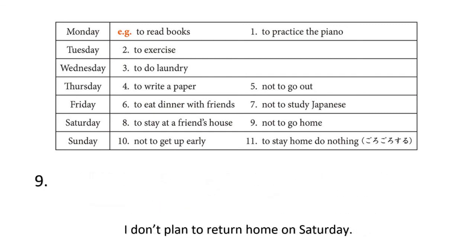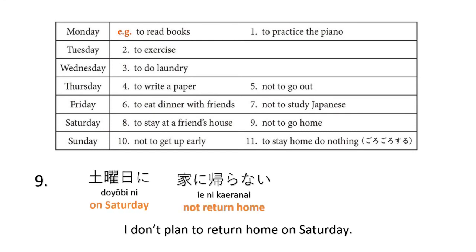And negative, I don't plan to return home on Saturday. Not to go home. Doyobi ni ie ni kaeranai. So, kaeru, kaeranai, tsumori desu. I don't plan to return home on Saturday.